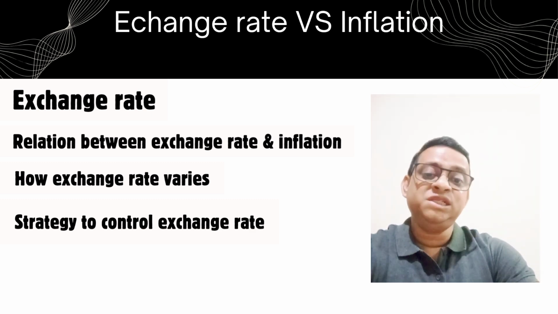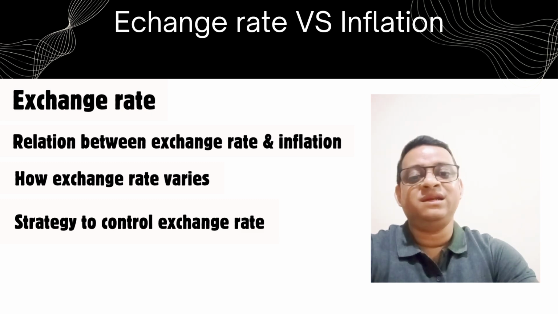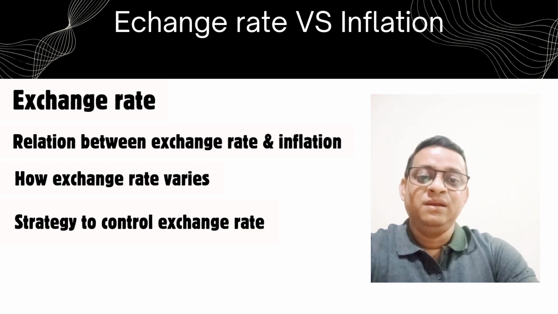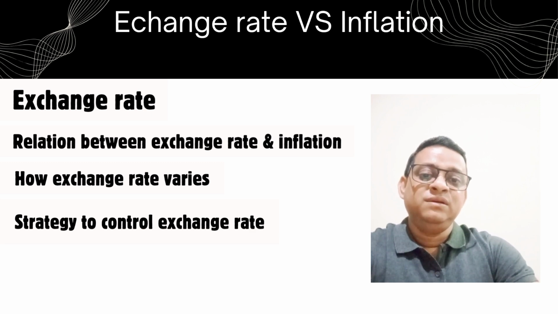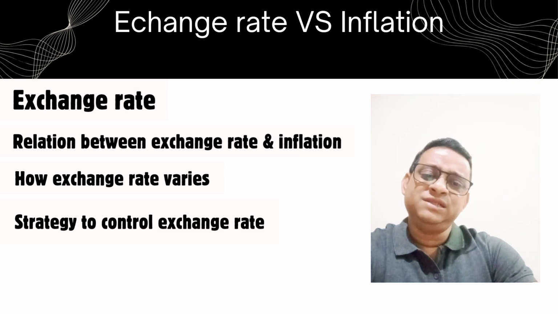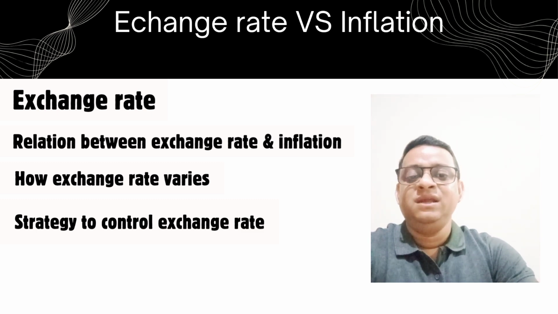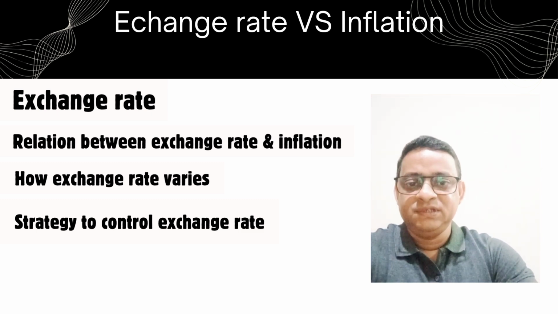So the relation between the exchange rate and inflation is directly proportional. Both of them are directly proportional. Now let us explain what are the factors that vary the exchange rate. It's a very simple theory.